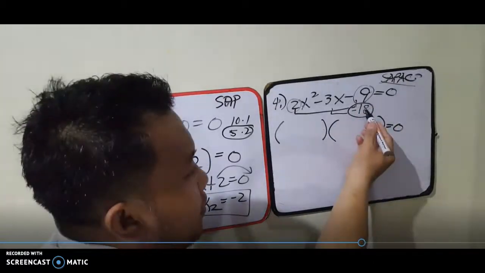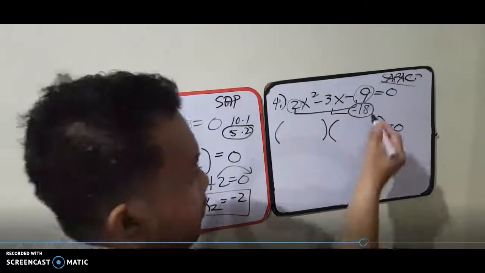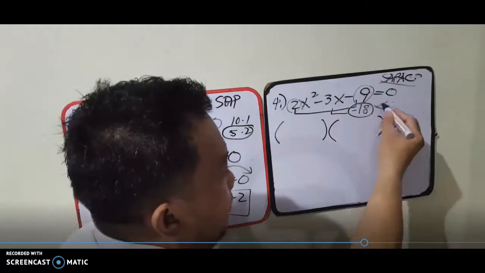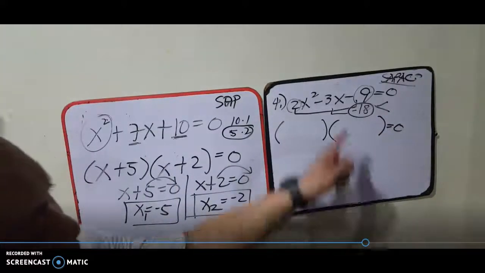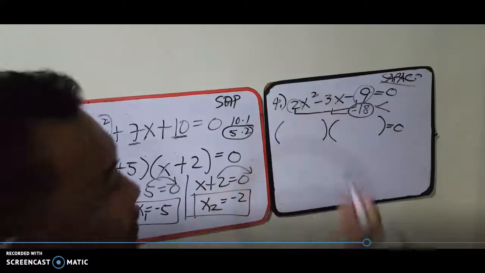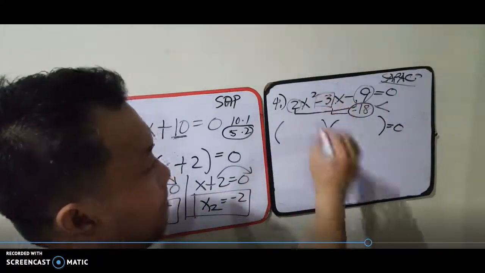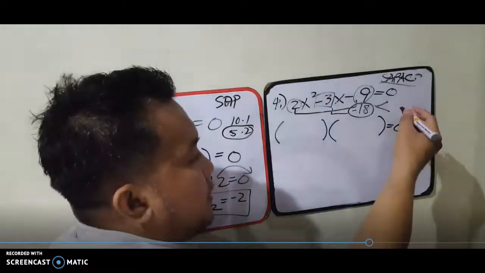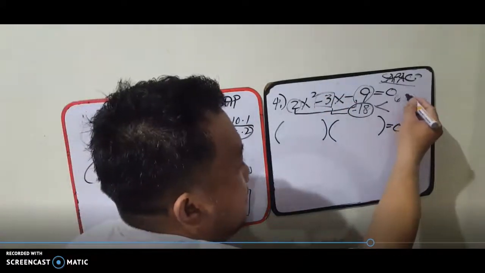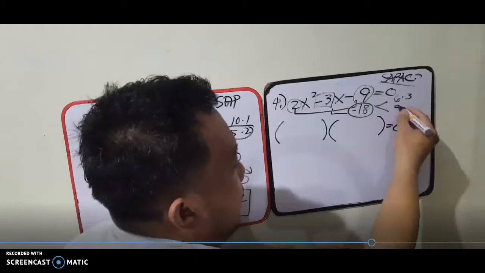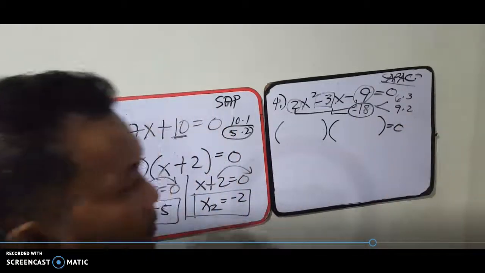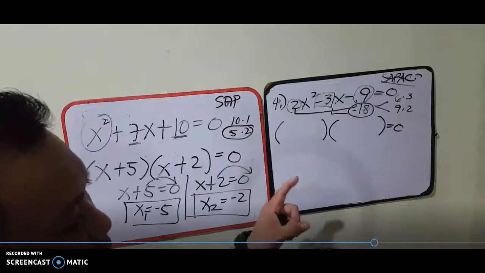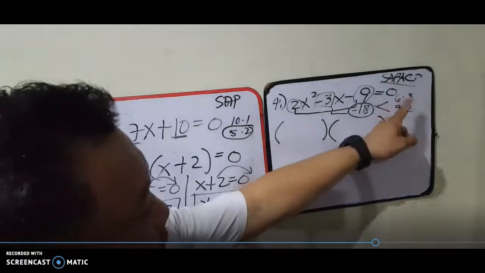So now, using the sum and product method, find out the factors of negative 18 that when added the sum is negative 3. This will become the sum. What are the factors of negative 18? That is 6 times 3, 9 times 2, 18 times 1. Obviously, the only one with a difference of 3 is 6 times 3.